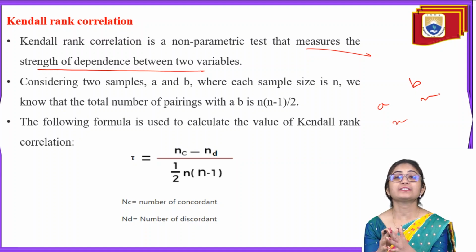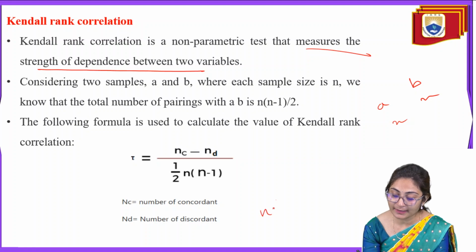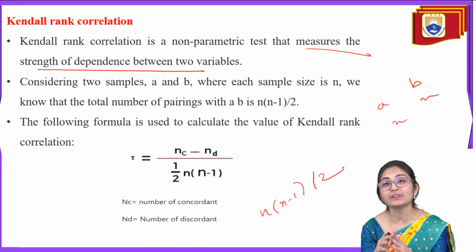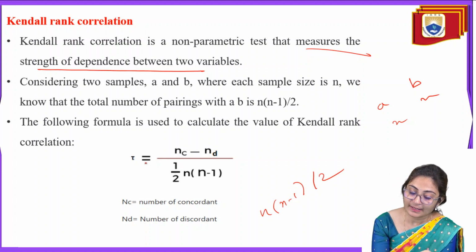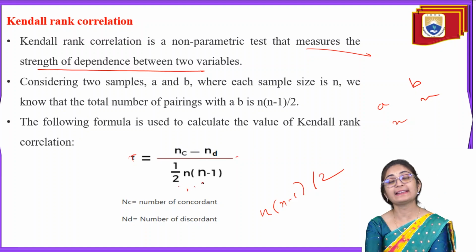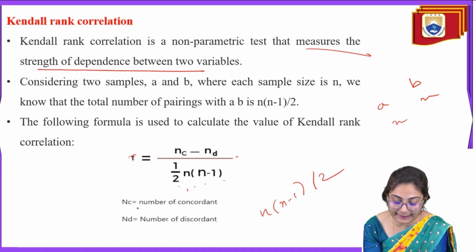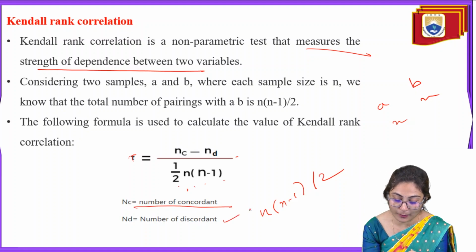So we know that the total number of pairings with A and B will be n times n minus 1 divided by 2. So the formula is T is equal to NC minus ND divided by 1/2 n(n minus 1). NC is the number of concordant pairs, ND is the number of discordant pairs.